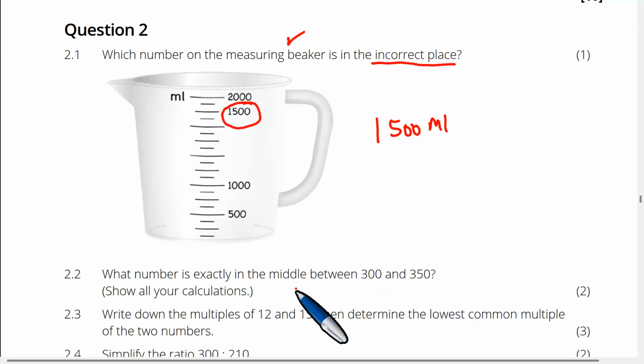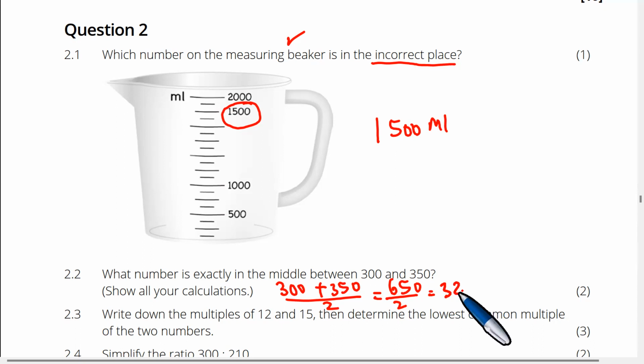To get the number in the middle, we take the number 300, add it to 350, and divide by 2. What is 300 plus 350? It is 650. If you divide 650 by 2, you get 325. So what number is exactly there?